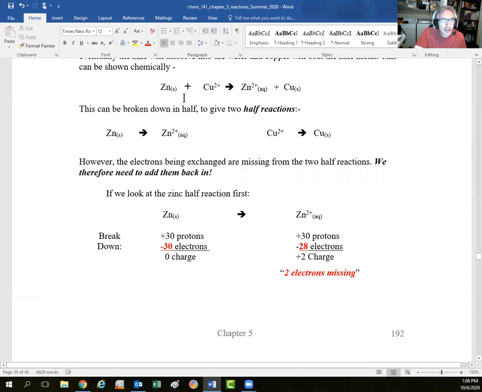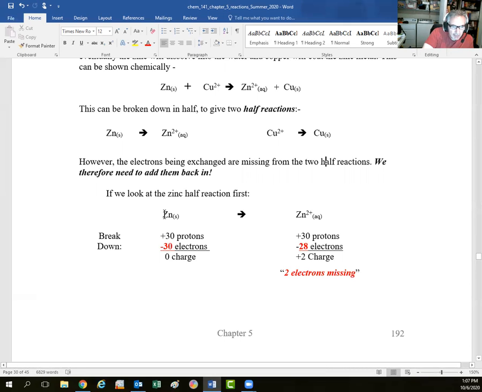And so we can break the full reaction down into two halves, what we call half reactions, where we look at the chemical journey for each of the elements individually. So zinc becoming a zinc ion, 2 plus. Let's see where the electrons are. Likewise with the copper ions, 2 plus, the cupric, turning into copper metal. Let's see where the electrons are. Are they being lost or are they being gained?